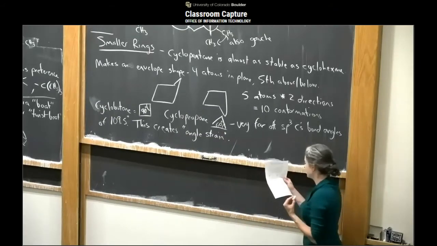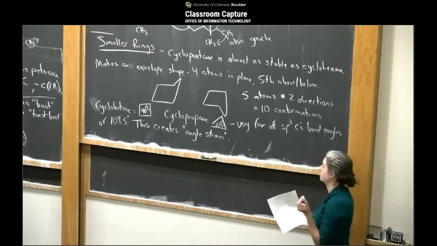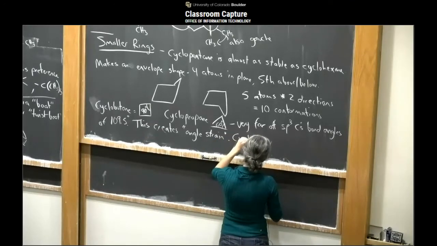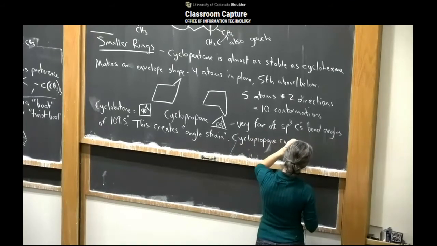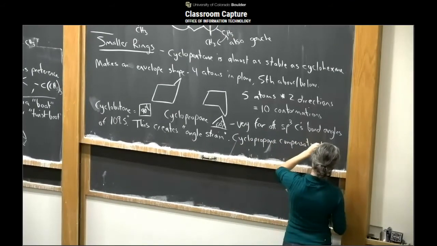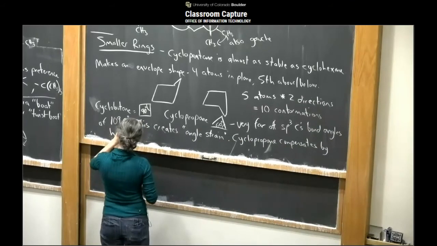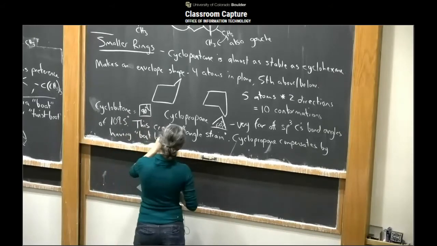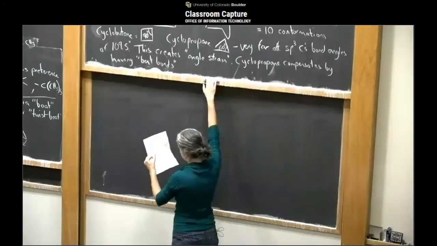It turns out this is bad enough that cyclopropane will actually compensate by not even doing straight bonds between the atoms. So, bent bonds, or what some textbooks will call banana bonds.